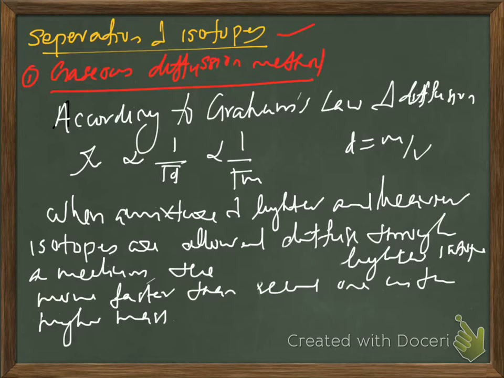According to Graham's law of diffusion, rate is inversely proportional to the square root of density.